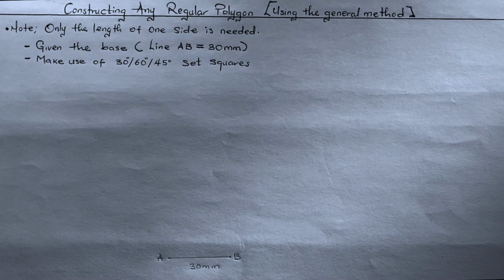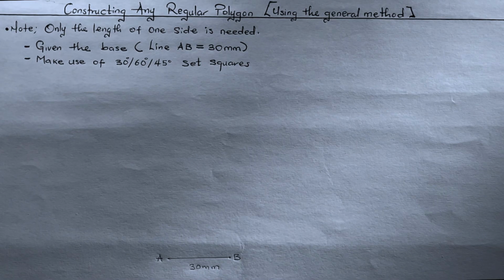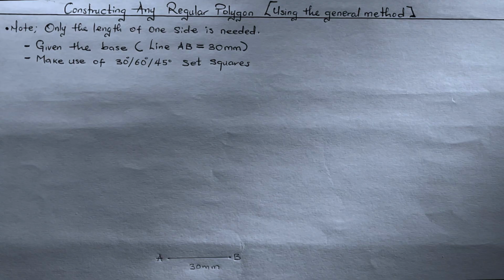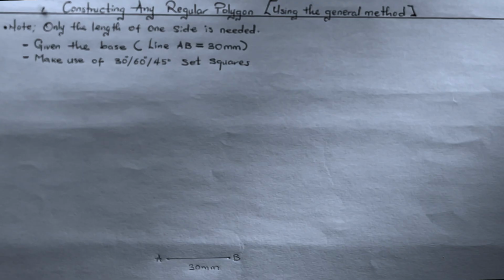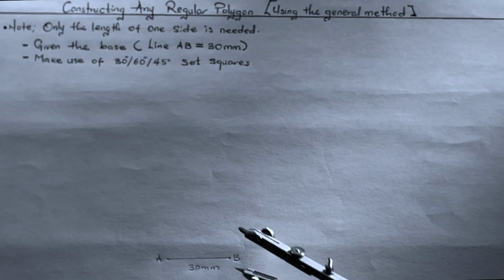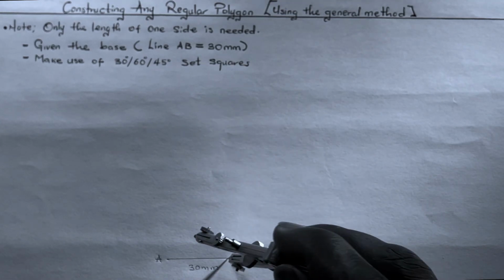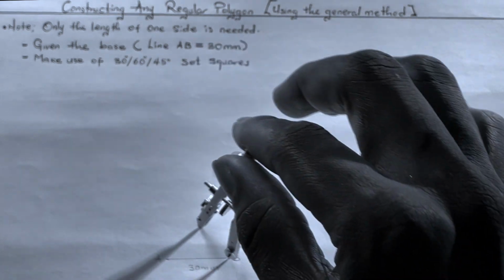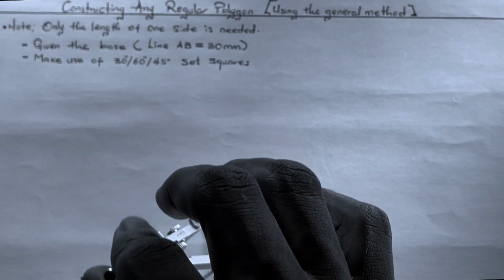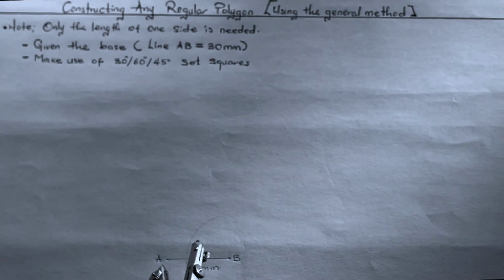So the next thing to do after drawing our line AB, which is 30 millimeters, is to bisect the line so as to get the center point of the line. To bisect it, we are going to be making use of our compass to get our line perpendicular to AB.